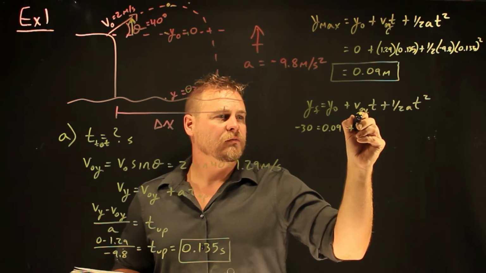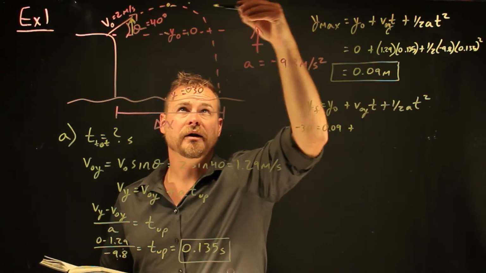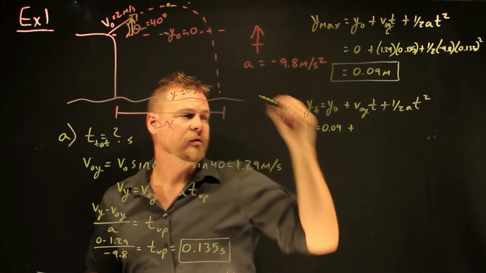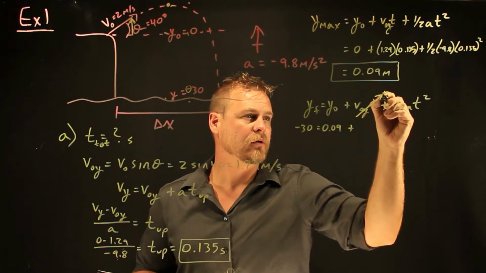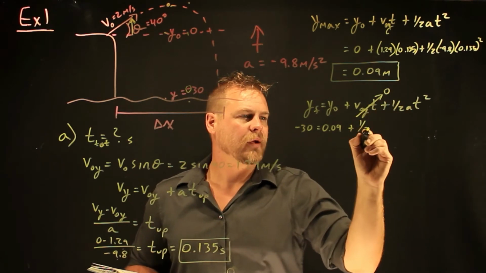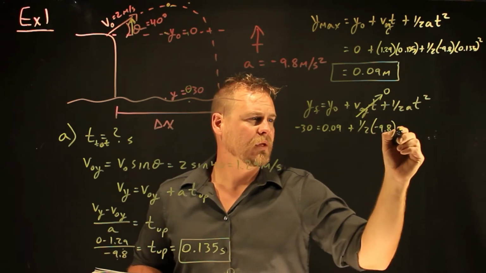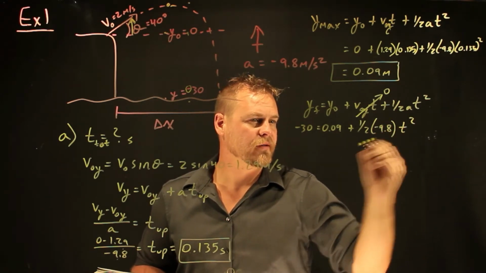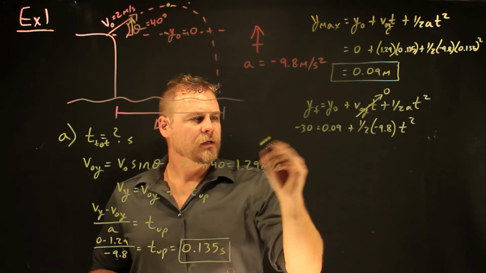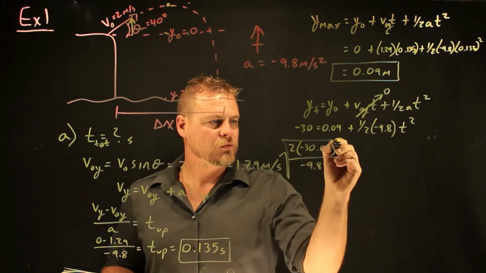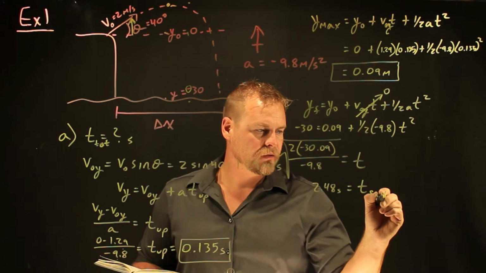My initial velocity in the y dimension, because I'm starting at the top, the v here was 0, so this term goes away, and I'm left with my 1/2 negative 9.8, and then the t squared. The t is what I'm looking for. And so if we do some algebra, and that was the t of the fall.